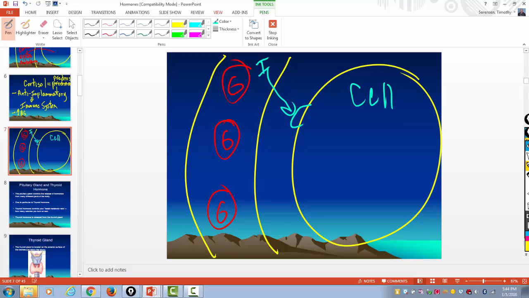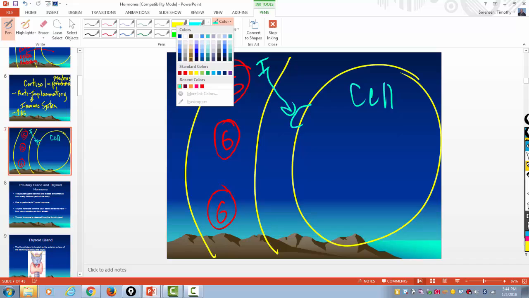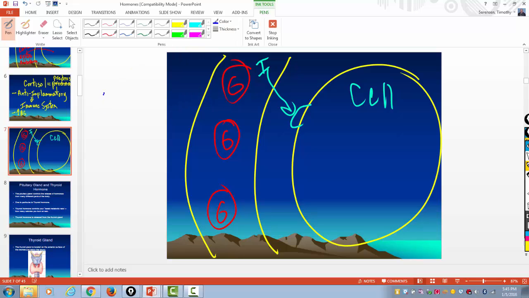So one of the big effects of cortisol is to decrease the number and sensitivity of insulin receptors.